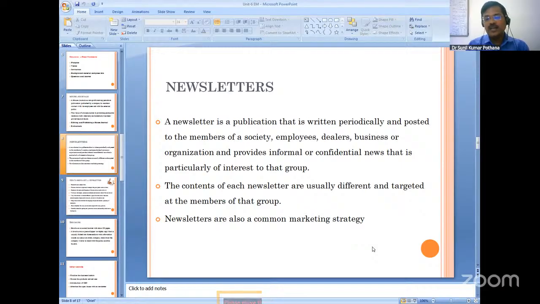It is not required for all the public to know, so the newsletter is focused on a particular group. The contents of each newsletter are usually different and targeted at the members of that group. Newsletters are also a common marketing strategy.